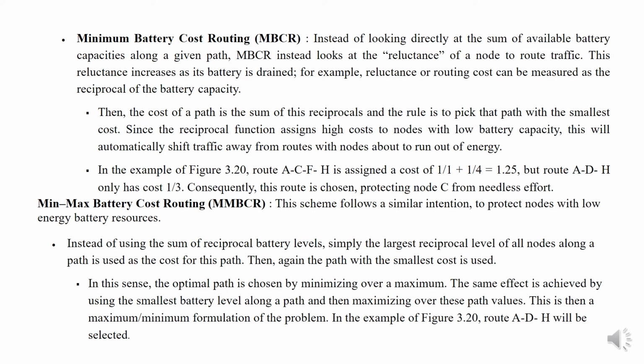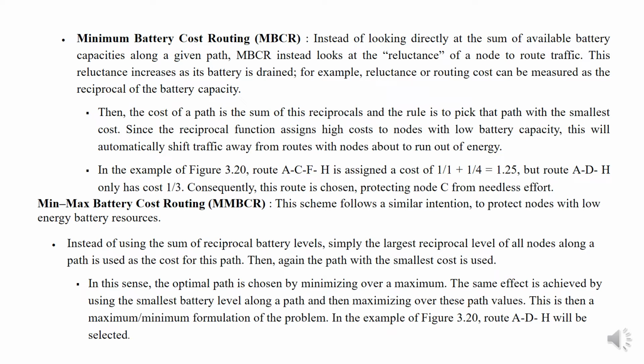Minimum battery cost routing (MBCR). Instead of looking directly at the sum of available battery capacities along a given path, MBCR looks at the reluctance of a node to route traffic. This reluctance increases as its battery is drained. For example, the reluctance or routing cost can be measured as the reciprocal of the battery capacity.